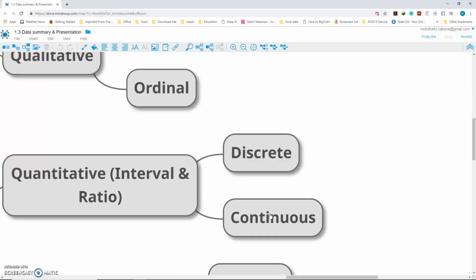Why? Because if you draw a line here, for discrete you put the first one as 0, the next one is 1, after that is 2, then 3, 4, 5. You know that it is a whole number. As for continuous, just imagine a straight line where the first number is 0. What is the number after 0?